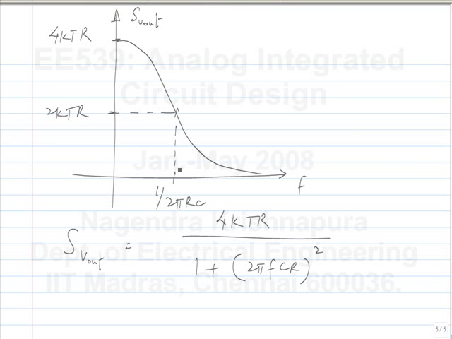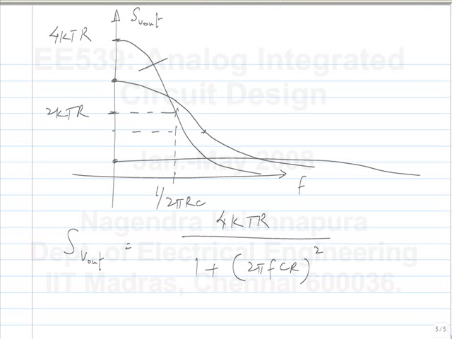At the bandwidth of the filter, the spectral density becomes half. Okay. Now what happens if you start with a different resistance, which is lower? It will do something like this. Or if you start with a very low resistance, it will have a very broad bandwidth. It turns out that the integral under all of these curves is the same, and it's equal to kT by C. Okay.